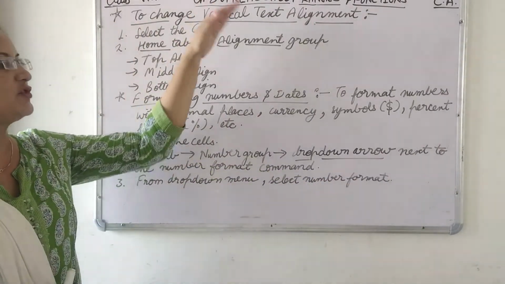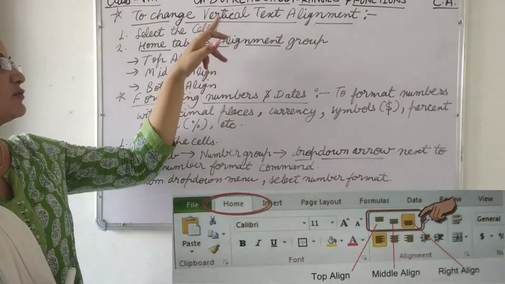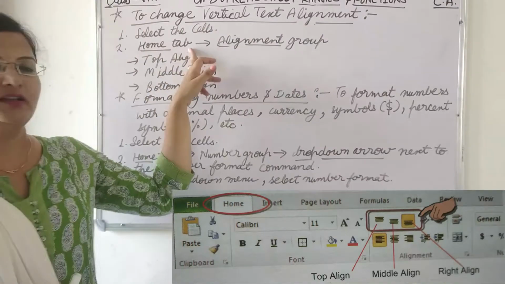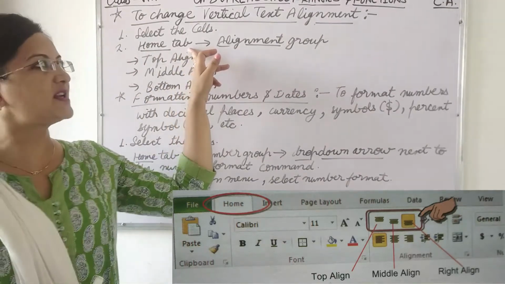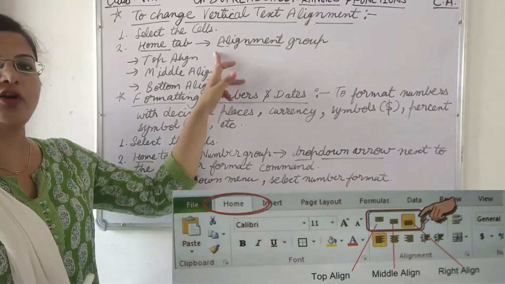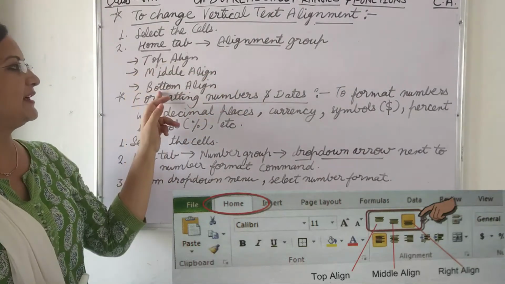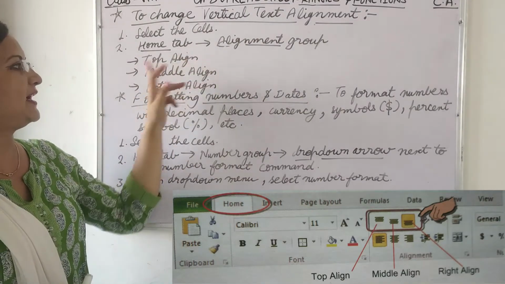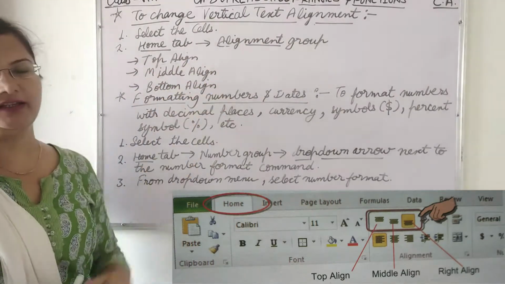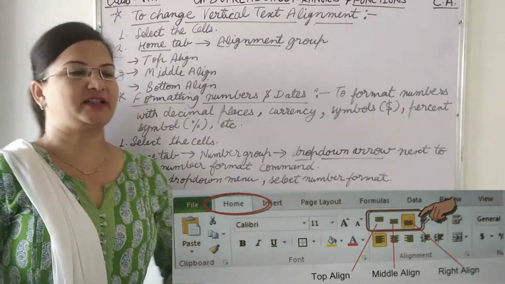So if we have to change the vertical alignment, then we will select the cells in which we have to set the alignment. Then in the home tab, we go to alignment group, and there we will get three more options, just above horizontal alignment: top align, middle align and bottom align. So you can choose any one for your text alignment.